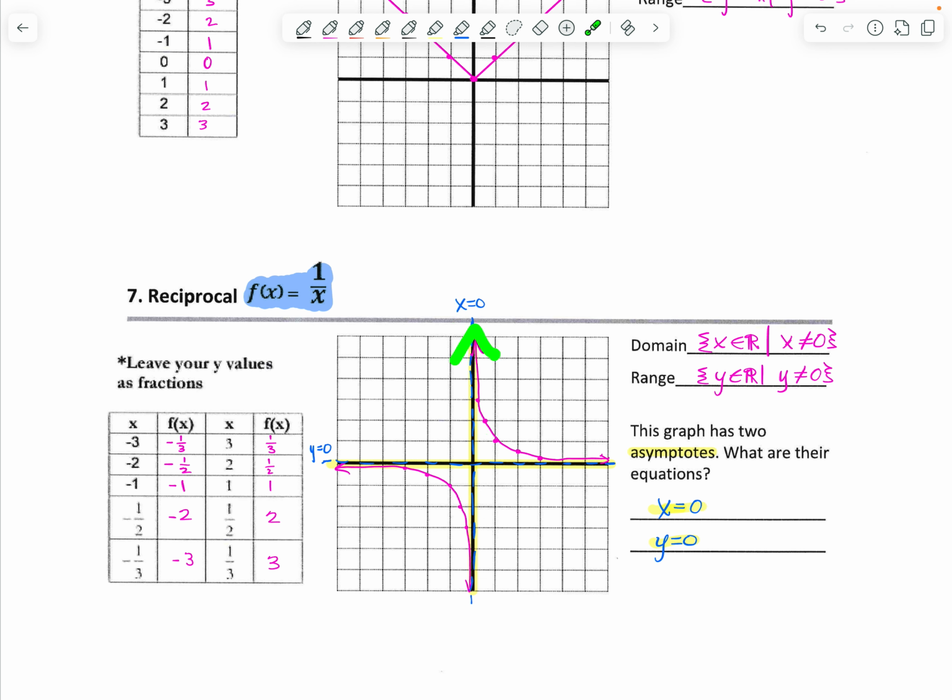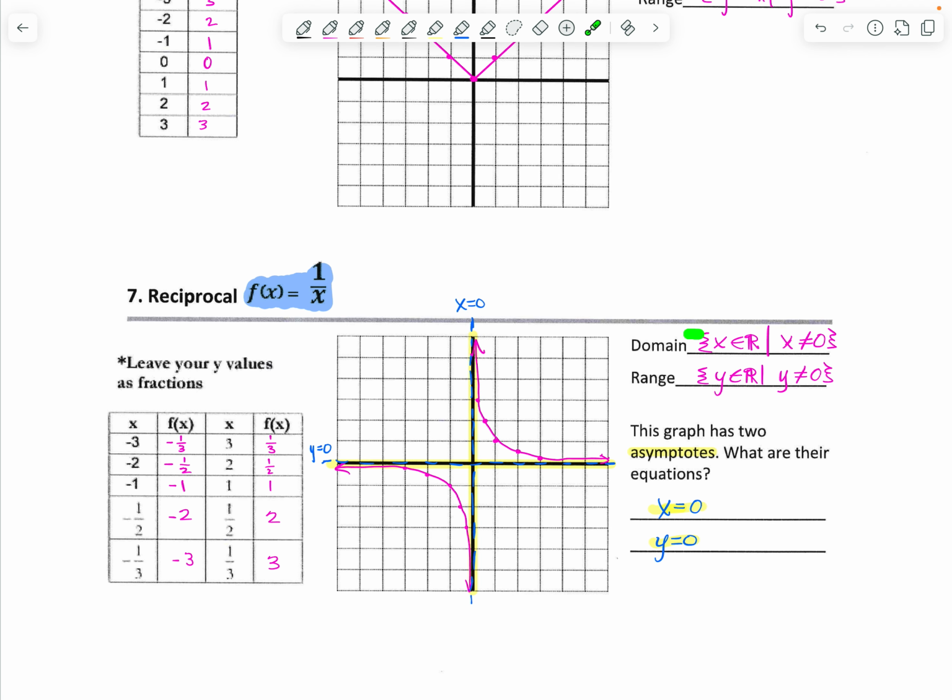It's never going to cross the x-axis either. So technically, what this means is I have two asymptotes. I have y equals 0 and I have x equals 0. Sorry, let me rephrase that: I have my x-axis and I have my y-axis. Those are my two asymptotes.